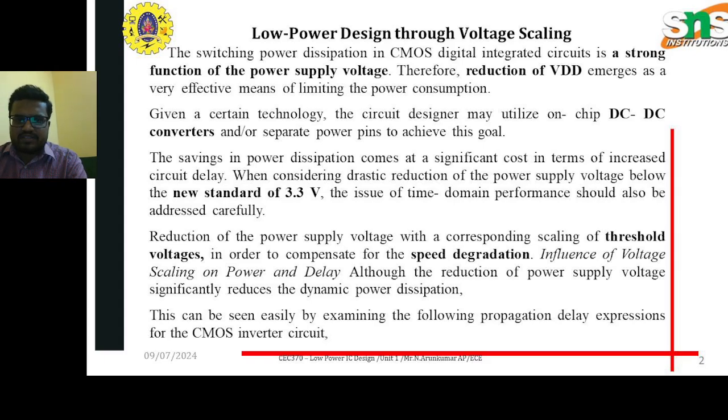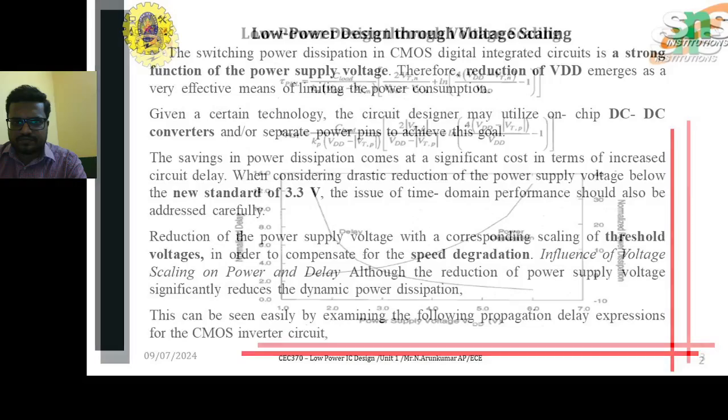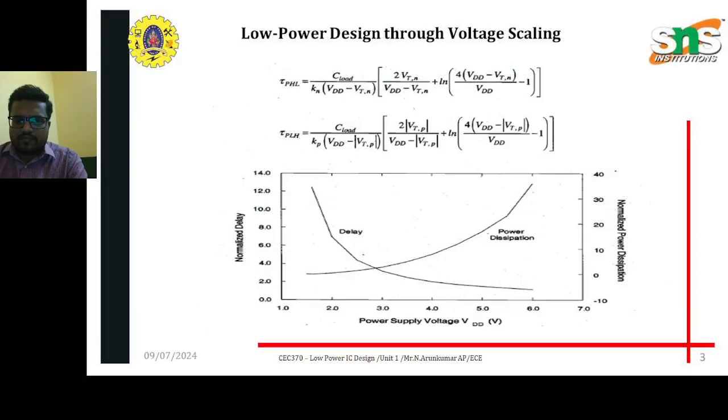Moreover, this can be easily done by examining the following propagation delay expressions for the CMOS inverter circuits. The following formulas are used to calculate the propagation delay of the concerned ICs, because the delay is the factor which can affect the ICs based on the power consumption.